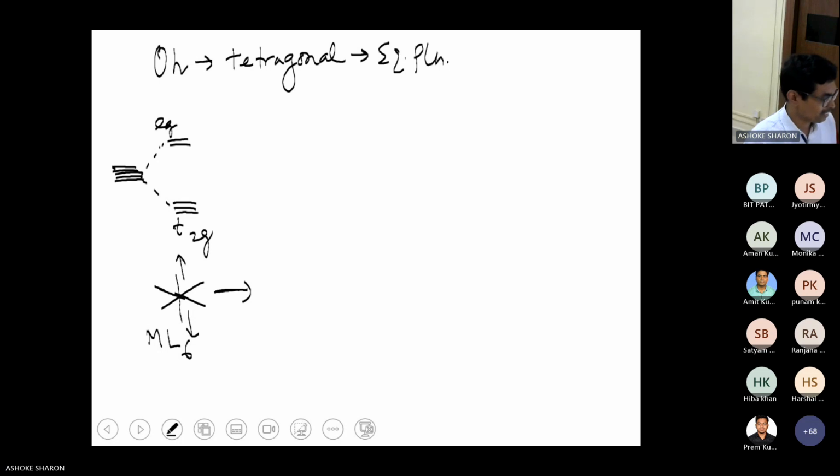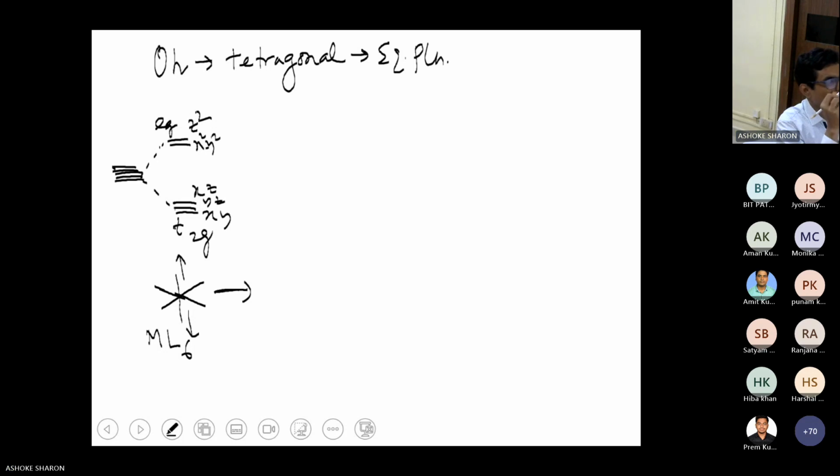If the stretching takes place, then the bonds along the z axis will be elongated, and the electrons there will face less electronic repulsion, causing a splitting. So there are three orbitals, xz, yz, and xy, and here are two orbitals, z square and x square minus y square.